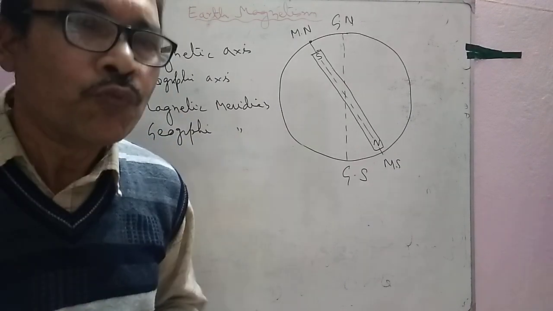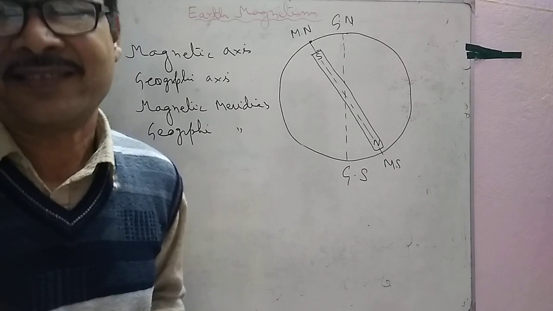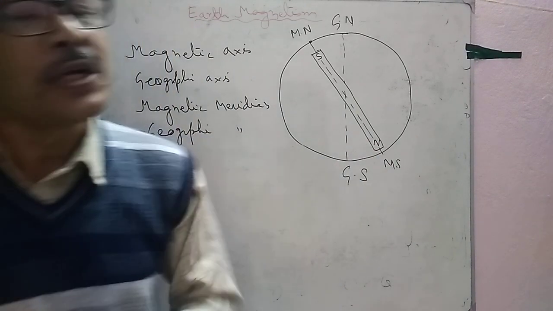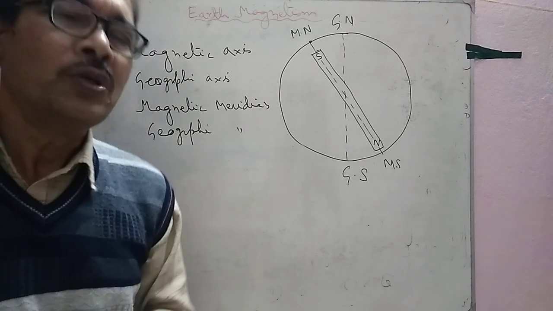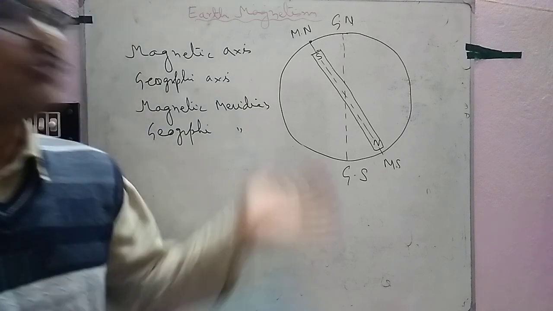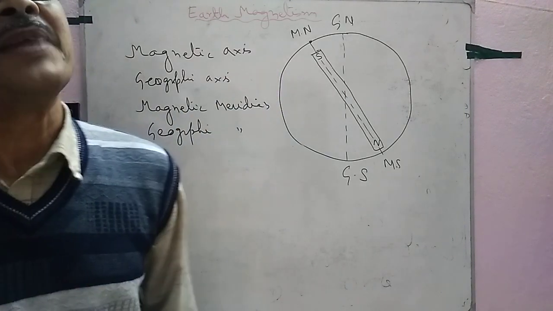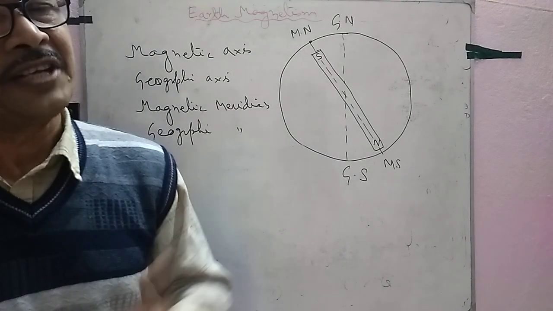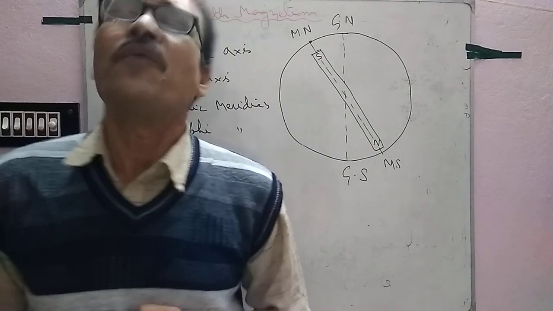So when Earth rotates on its own axis, the ionized molten material will also rotate. We know a moving charged particle produces current. So due to this current, a magnetic field is produced surrounding the Earth. This is one of the opinions.